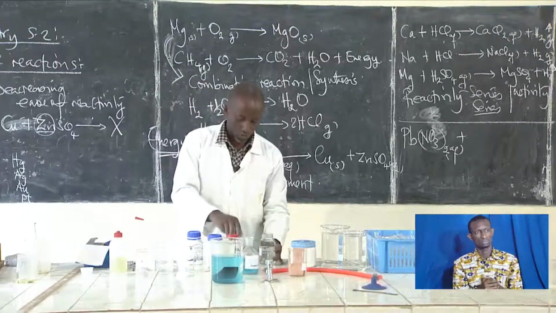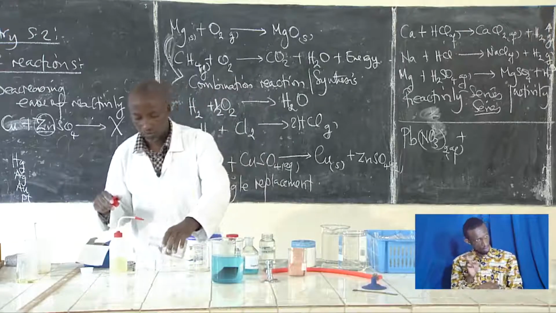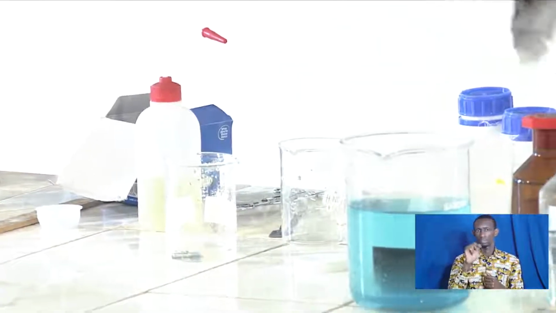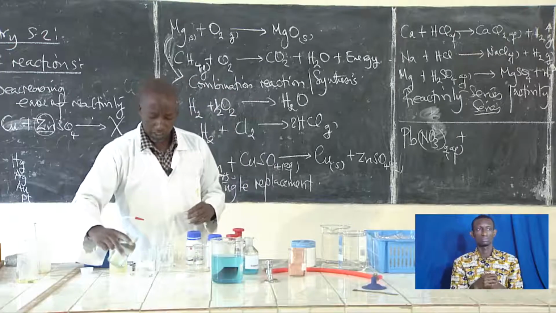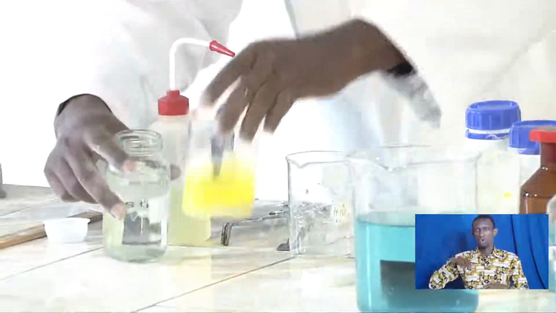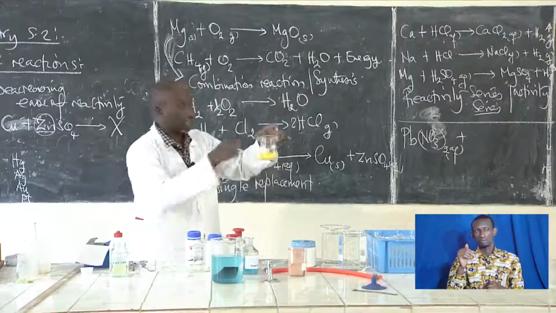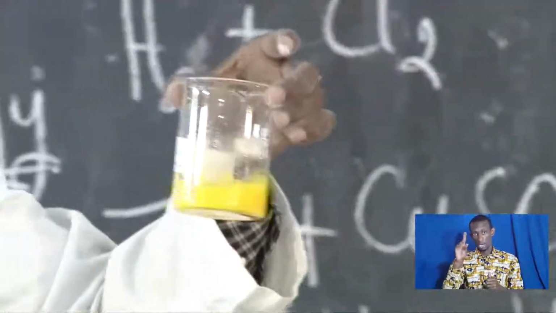Just take a close look here. This is lead nitrate, just adding very little. And I'm just adding potassium iodide, and then it forms a yellow precipitate.